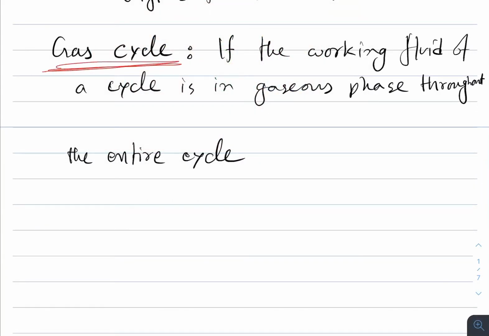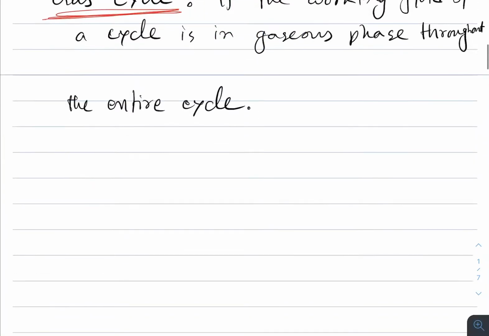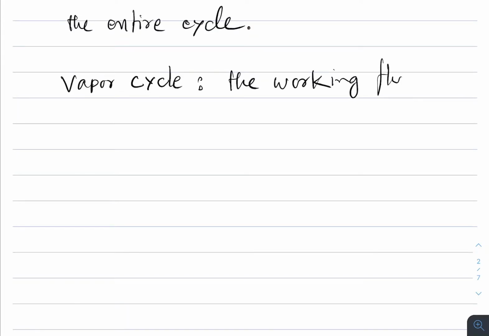So this is important. In a gas cycle, the working fluid will remain in the gas phase. However, if it is a vapor cycle, the working fluid can be in vapor and other phases too, right?